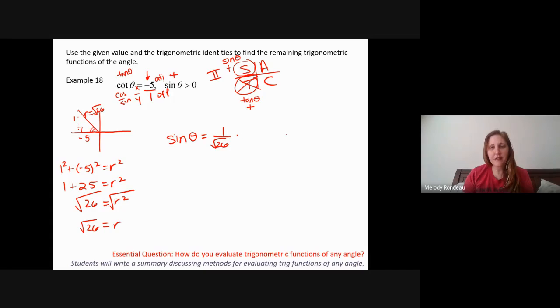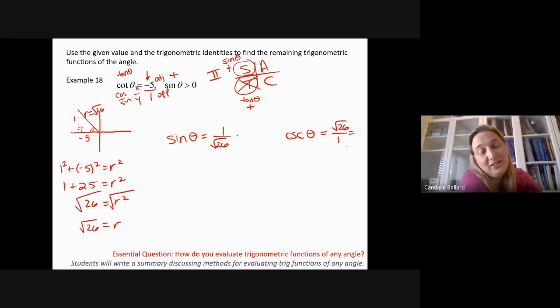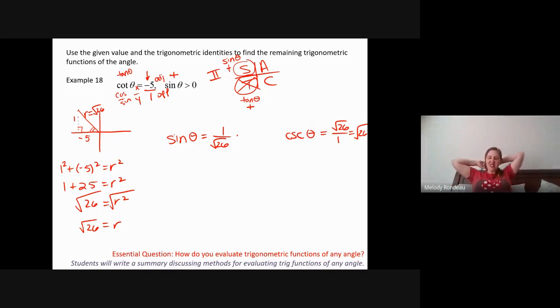And I will actually follow Miss Ballard's lead here and we'll flip it before I rationalize. So cosecant would be square root 26 over 1. You can leave it that way. But just came to the dark side, guys. Oh, no. All right. But you could write it as just square root 26. All right. And then I'll go back and rationalize it. And I get root 26 over 26.